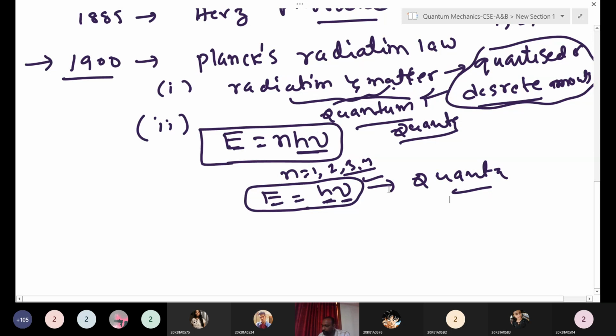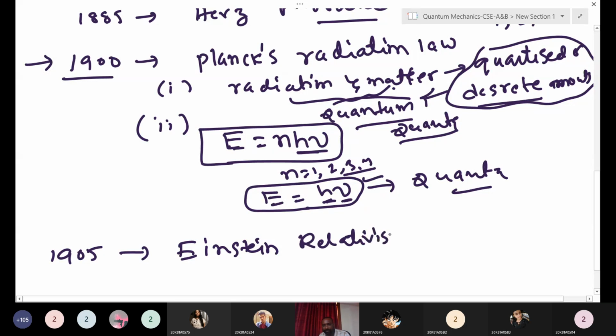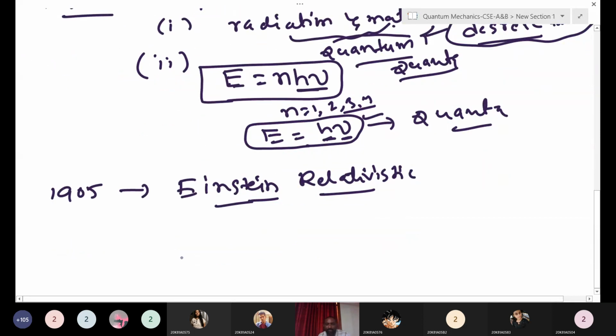Next, in 1905, what did Einstein propose? The relativity theory. Already you know, I think, what the relativity theory is: E equals mc squared. What does this relativistic theory discuss? Suppose a bike or a car goes at 100 kilometers per hour, something like that.